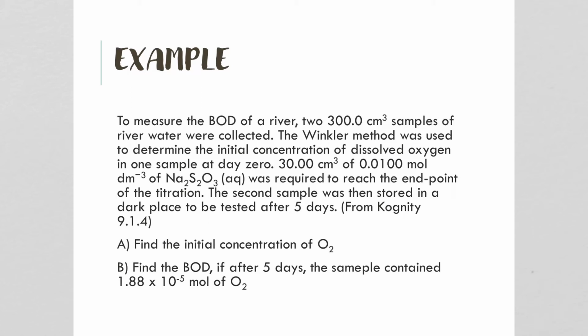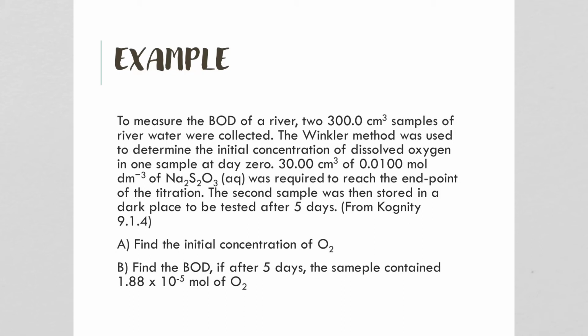So here is the example. To measure the BOD of a river, 2 300 centimeters cubed samples of river water were collected. So that's 300 milliliters. The Winkler method was used to determine the initial concentration of dissolved oxygen in one sample at day 0. Then 30 centimeters cubed of 0.01 moles per liter of Na2S2O3 was required to reach the endpoint of the titration.